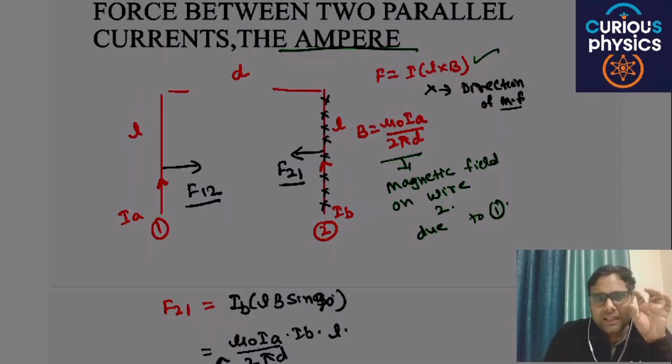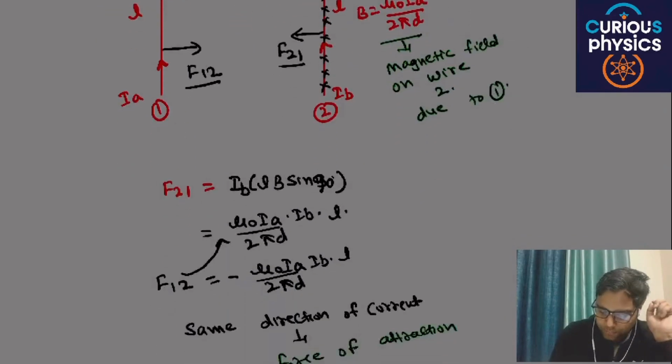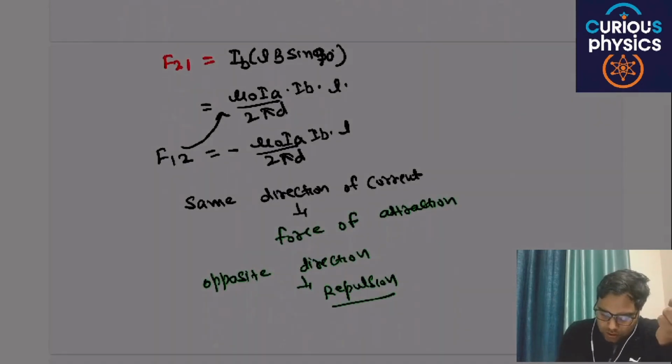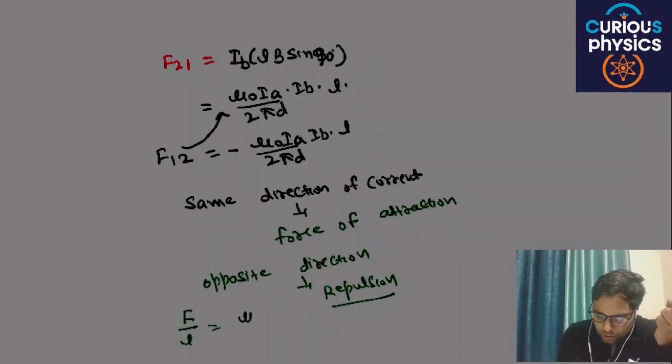This is nothing but the easy way to get the force. Now, many times the wires are infinite. So the value of force per unit length, in both cases, is equal to mu naught IA IB divided by 2 pi d. Why per unit length?